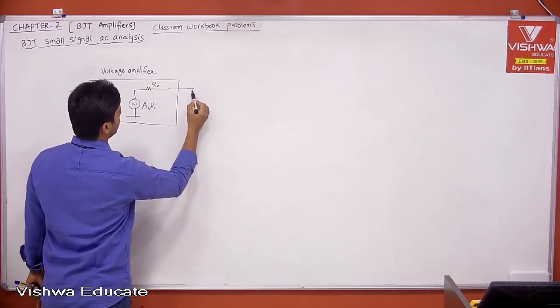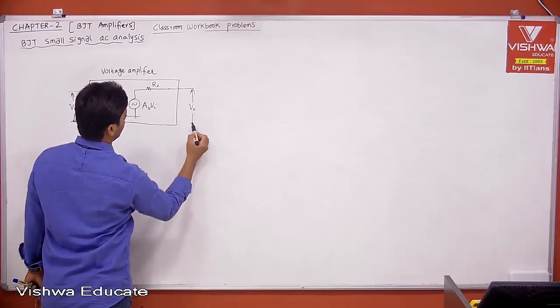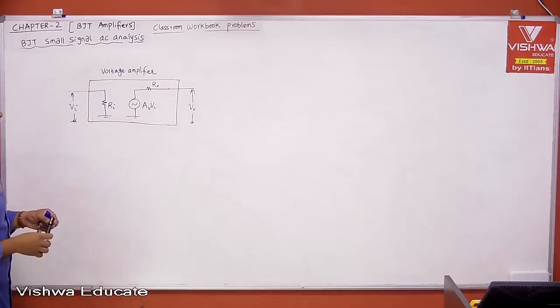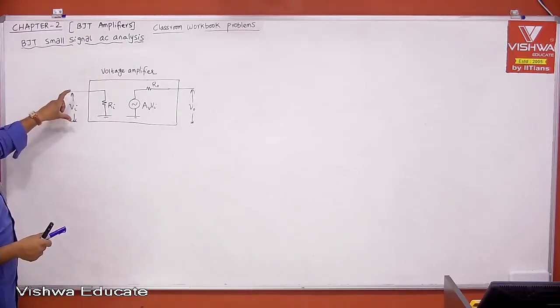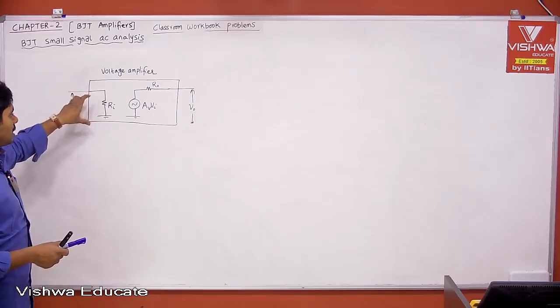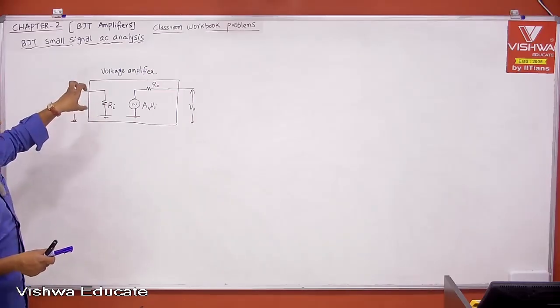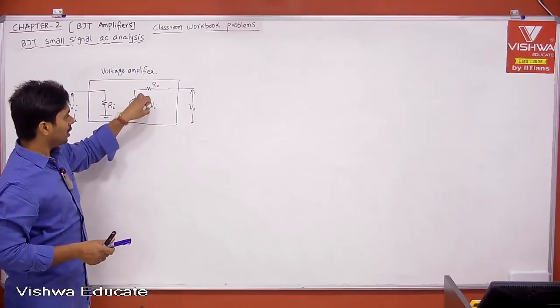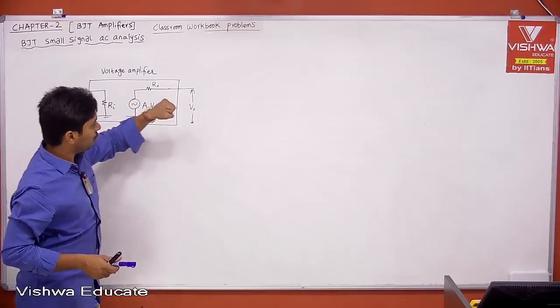This is your output V0. This is how it is modeled: a voltage amplifier taking input as voltage, having some input impedance, with gain AV into Vi, which we are trying to give to the load.